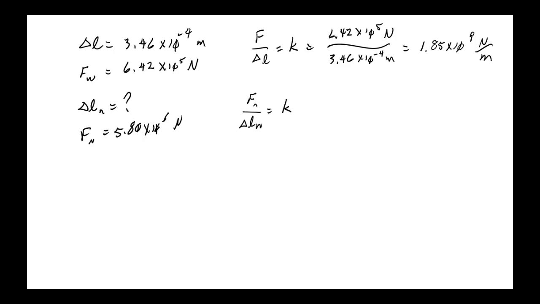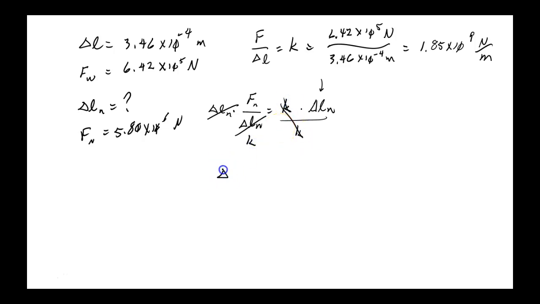Chug first. So we'll solve for delta L first. How would we do that? Multiply both sides by delta L sub n to get it into the numerator. Okay? This wipes that out of the denominator, which is a very good thing. And then since this is what we're solving for, we're going to divide both sides by your k. Wipes it out here.